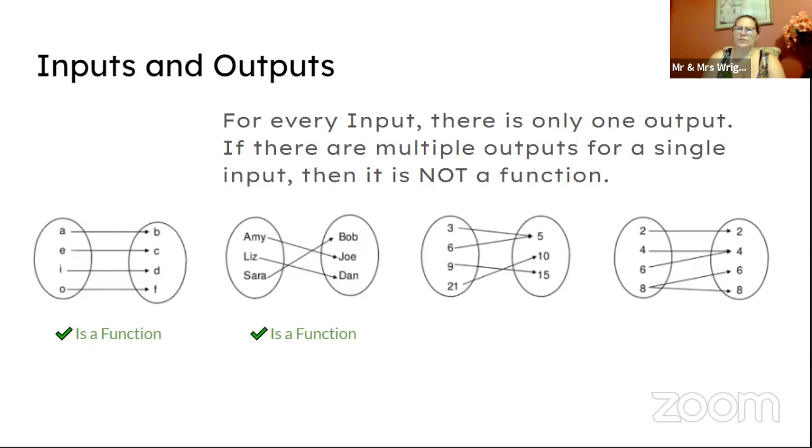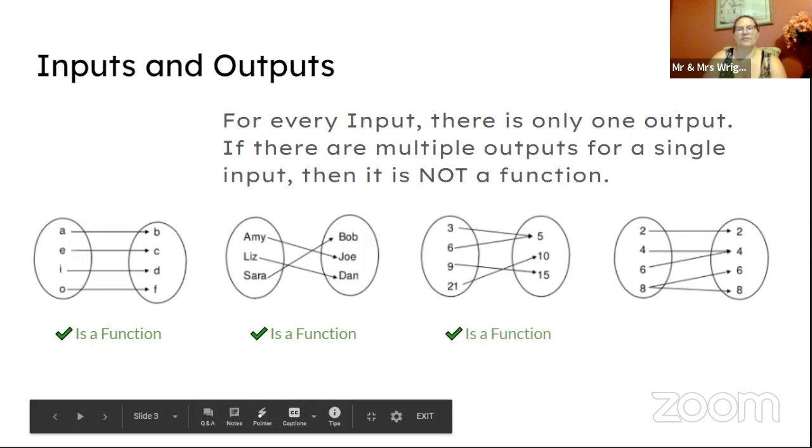Well, that's strange. We have 2 different inputs and then we got the same output. Well, that's okay in a function. Remember, our rule was for every one input, it can only have one output. It doesn't say anything about different inputs having the same output. So that's still going to be okay. 9 outputs 15, 21 outputs 10. So this one is a function.